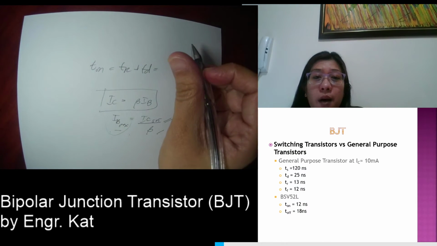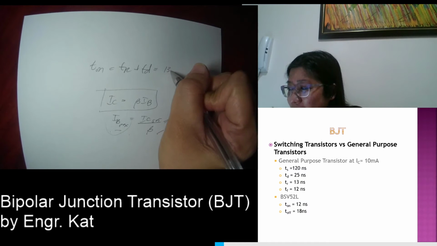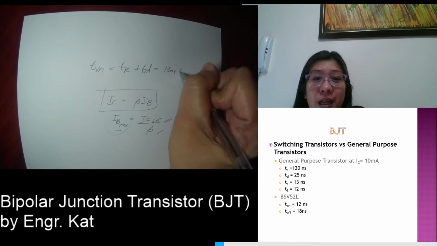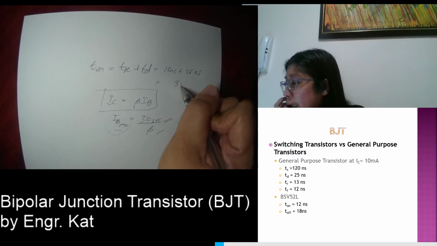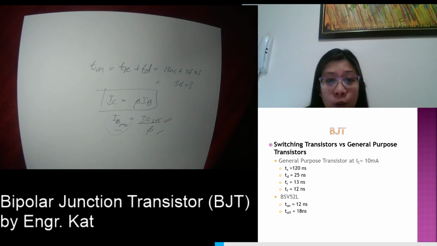So that is equivalent to 13 nanoseconds plus 25 nanoseconds. So this will give us 38 nanoseconds compared to 12 nanoseconds for a switching transistor.